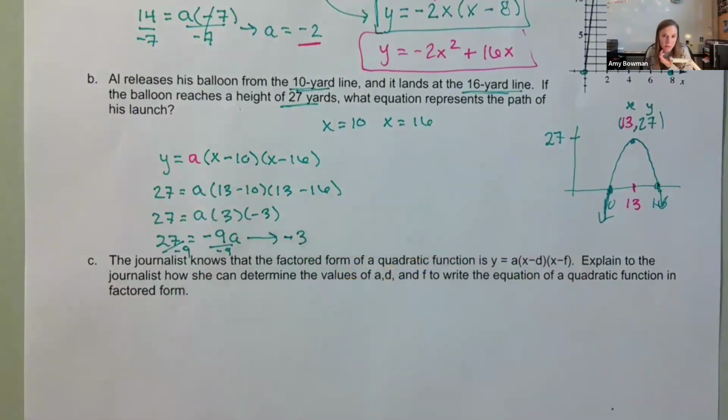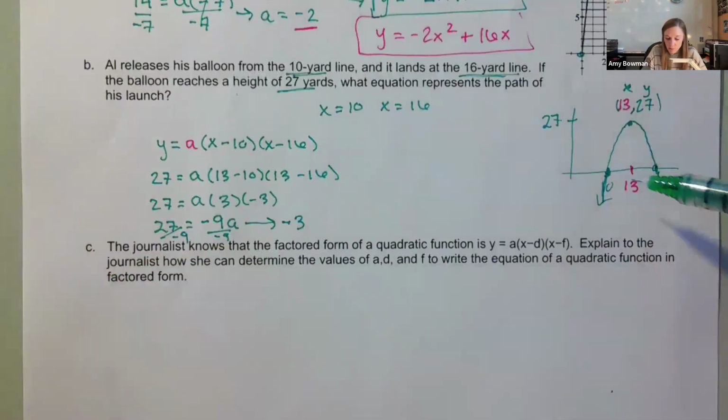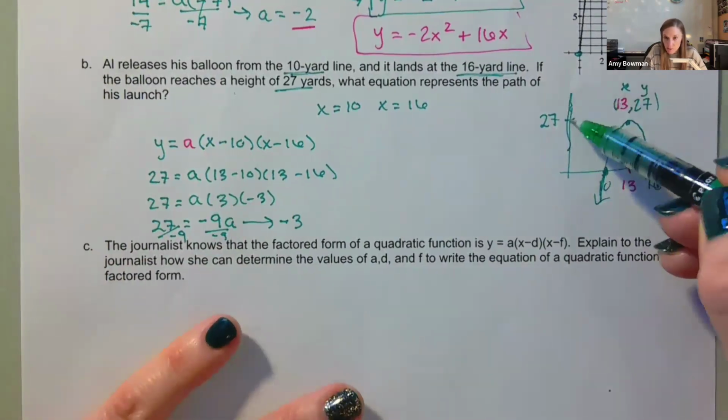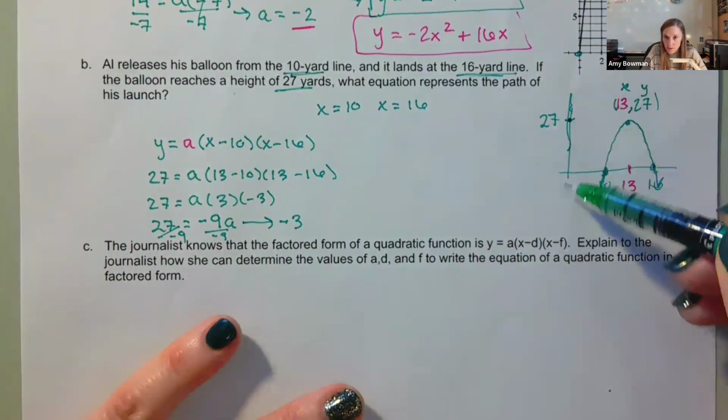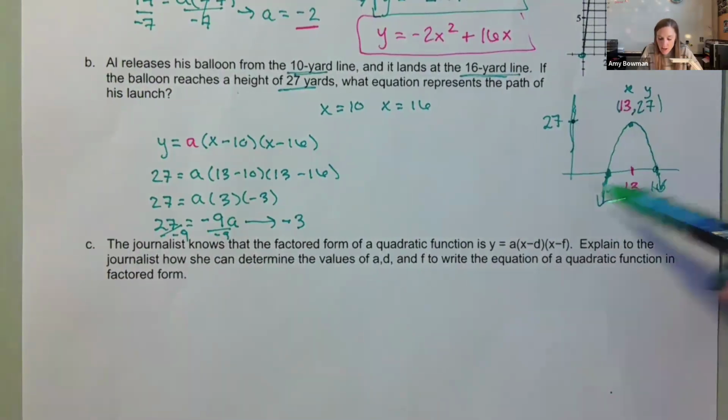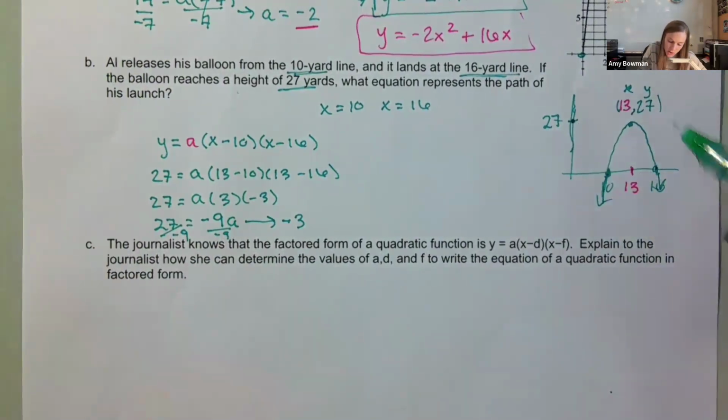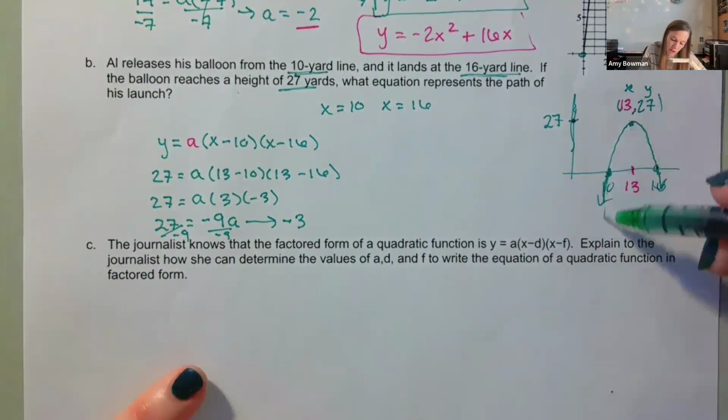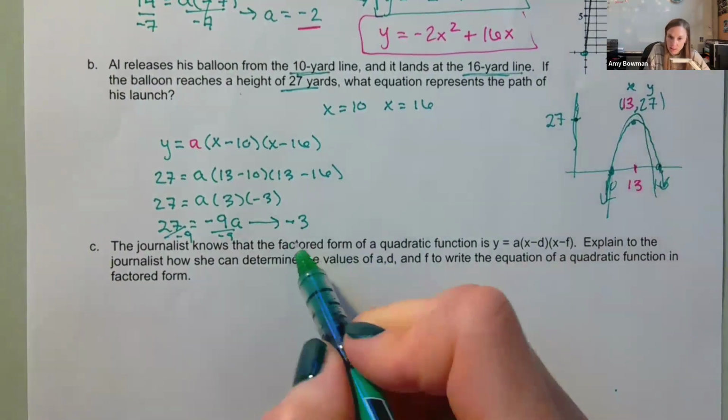With an A value of negative 3, it should always make sense. We look back at the parabola, it's opening down. Obviously, my graph isn't drawn to scale because 27 is right here when you compare that to my x scale. This would be much more stretched out. So the negative 3 should make sense.